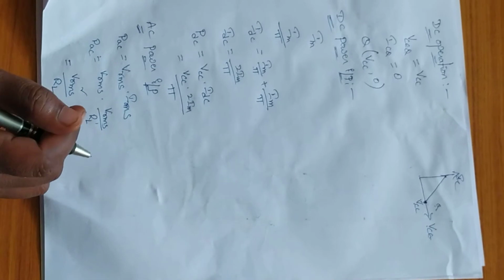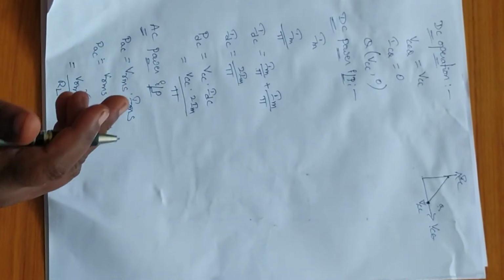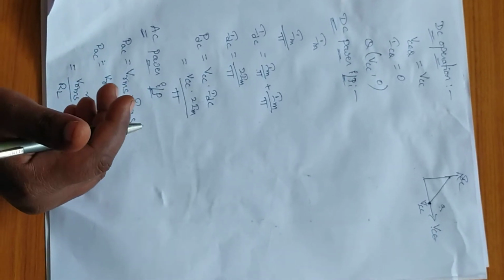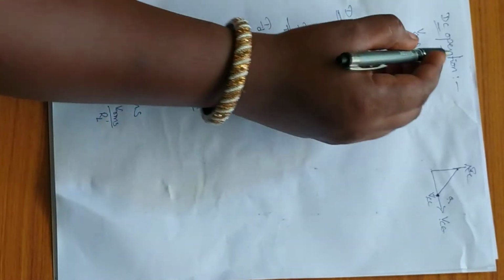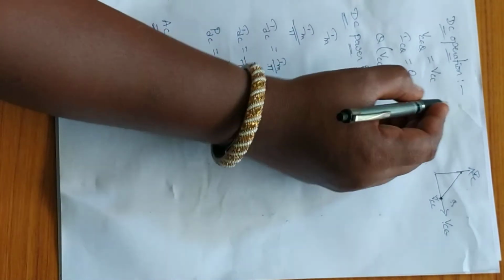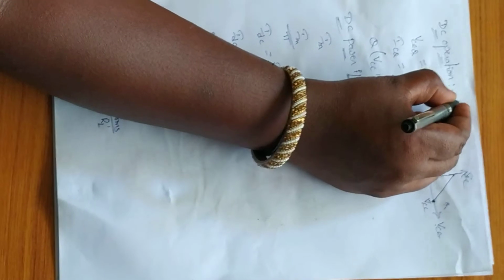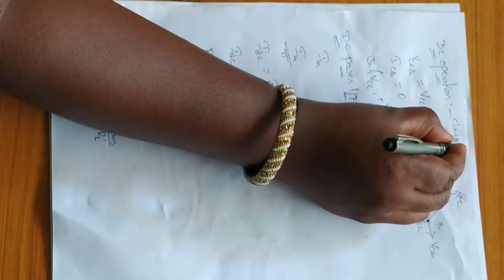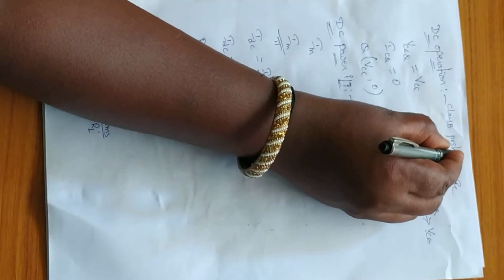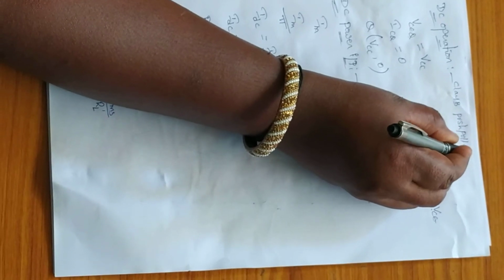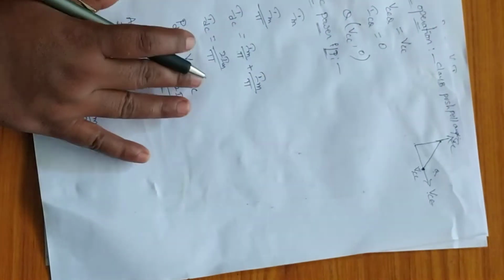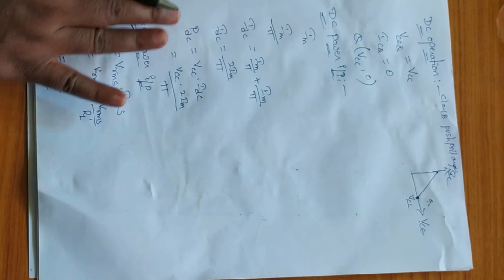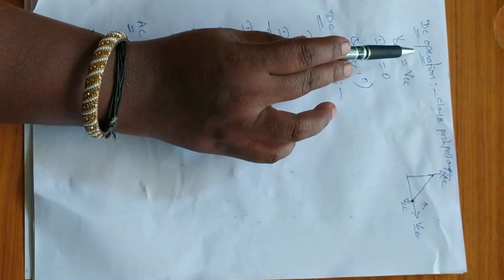Hi everyone, in this class I am going to explain efficiency calculation and DC operation of class B push-pull amplifier. First, we have to discuss DC operation.